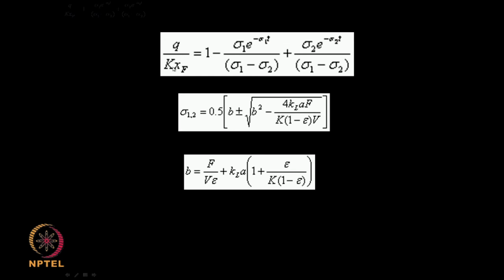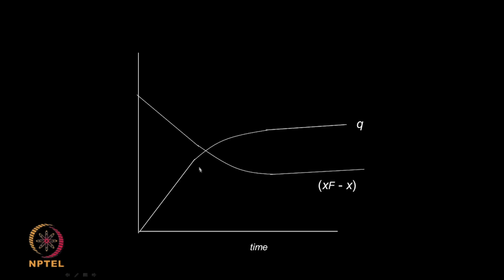K is the equilibrium constant for a linear system, and XF is the amount of solute entering in the feed liquid. Let us not get scared, but see how Q builds up. As the adsorbent keeps taking in the solute, or the adsorbate, as a function of time, Q will go up and finally reach saturation.